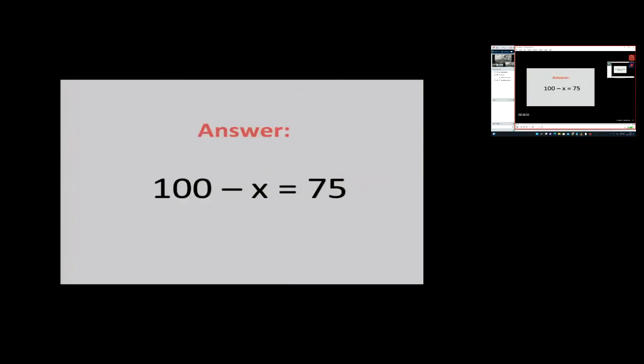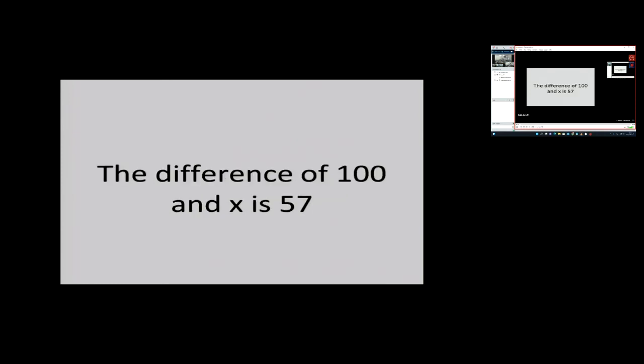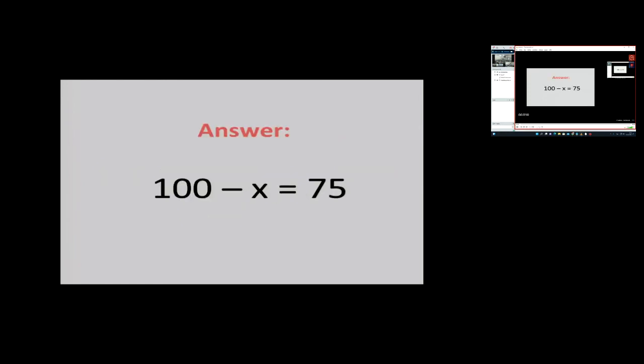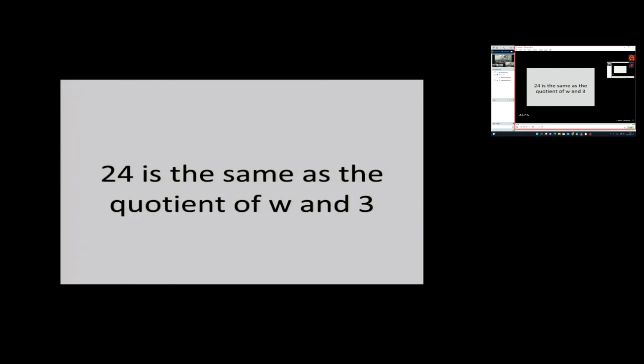The answer is 100 minus x is equal to 57. Remember, difference is minus. Sorry. Okay, how about this one?